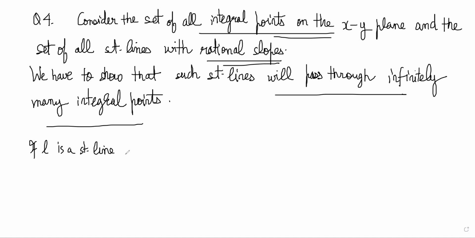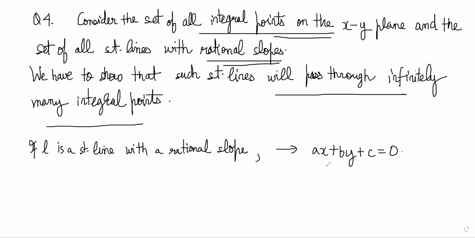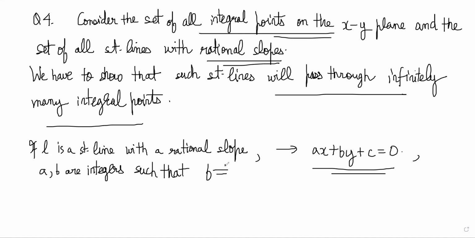with a rational slope, then its equation can be written as ax plus by plus c equal to 0. The slope here is minus a by b. We know that a and b are integers such that b is not equal to 0, because then the slope will be undefined.